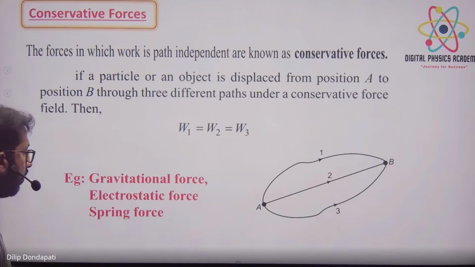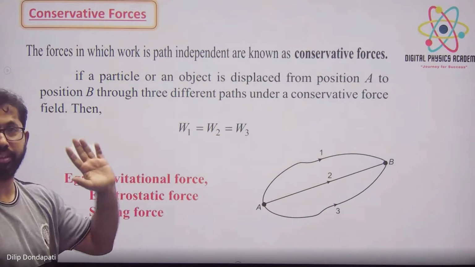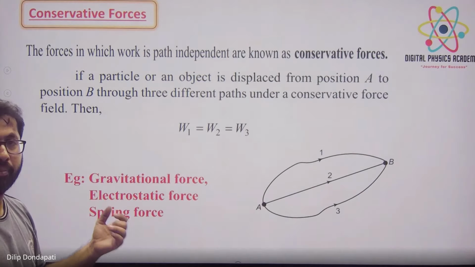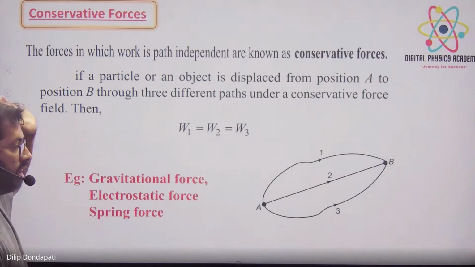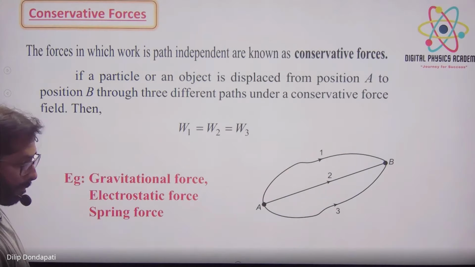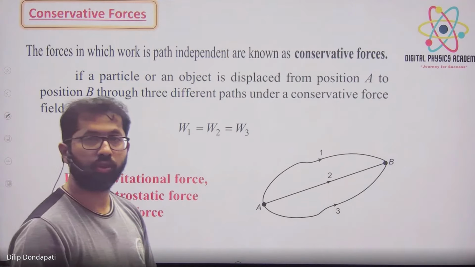So whenever you're finding the work done by gravitational force, you can take any path, whichever is easy, and the work done is the same as that of a different path. We will prove with one example that gravitational force is a conservative force.